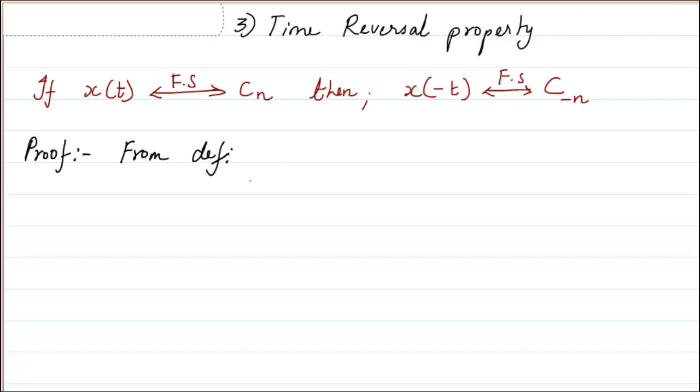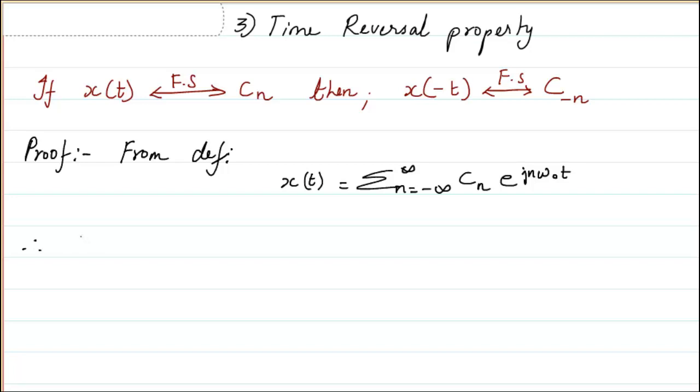Again, it's very simple. From definition we know that x of t can be written as summation n equal to minus infinity to infinity c n e raised to power j n omega naught t. Correct?